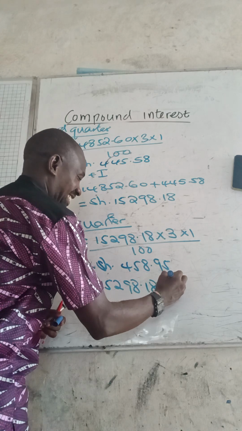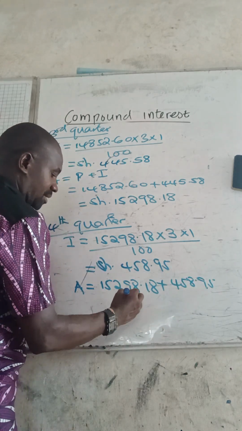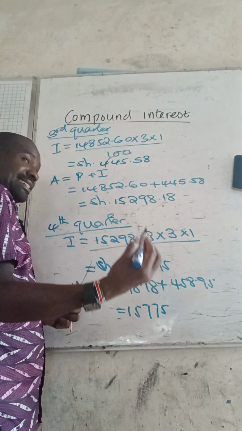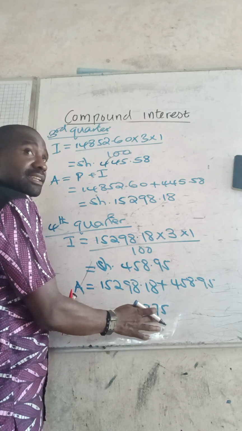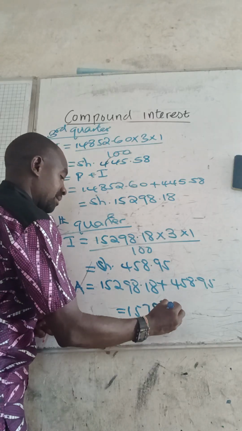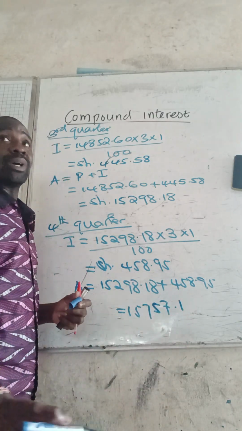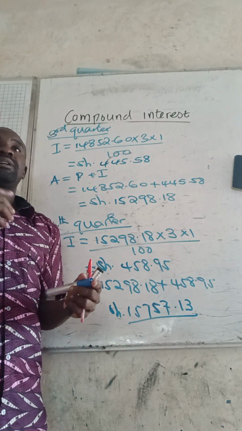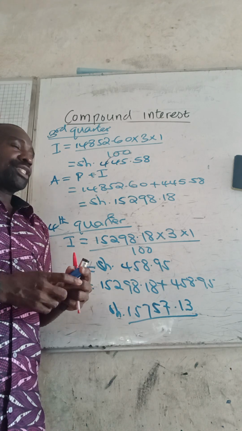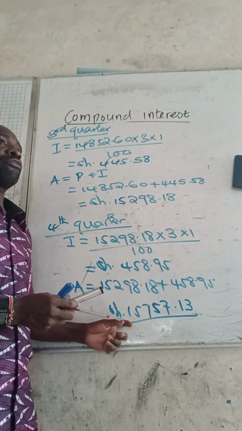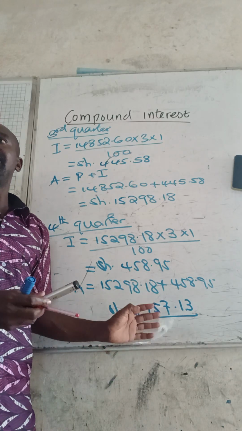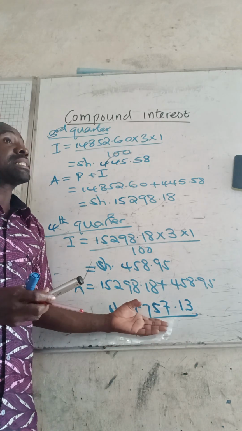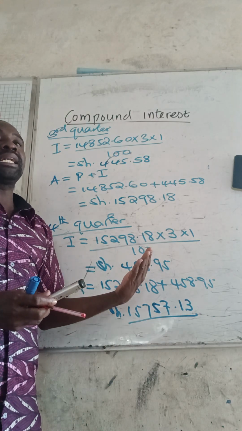15,757.13. So by the end of the year, which now completes the fourth quarter, which is the interest period, this person will have obtained this amount of money because it is compounded quarterly.